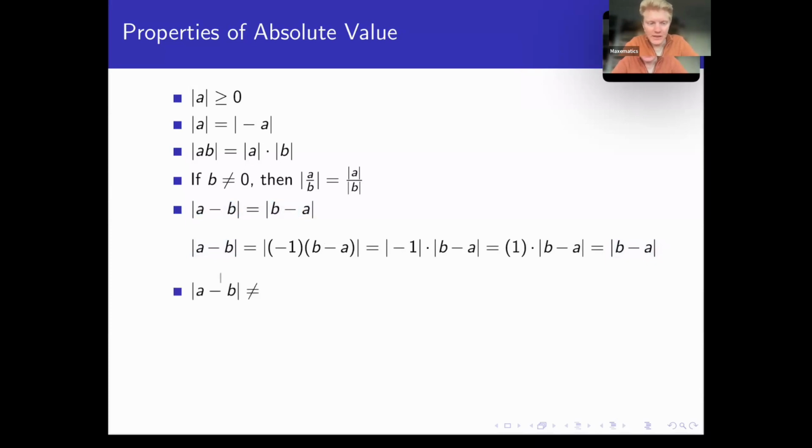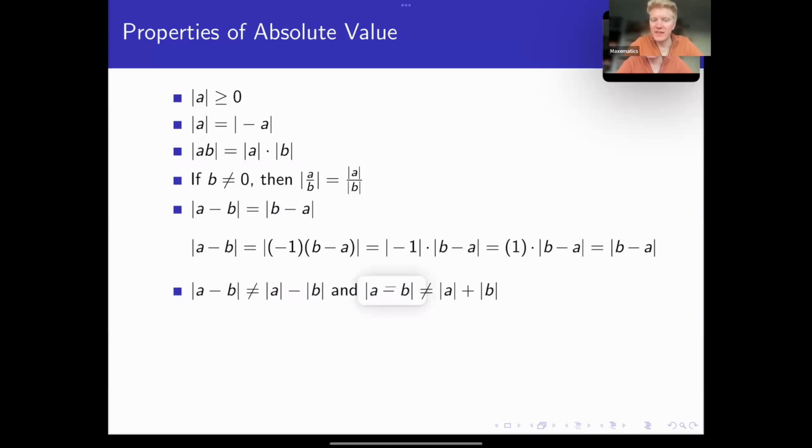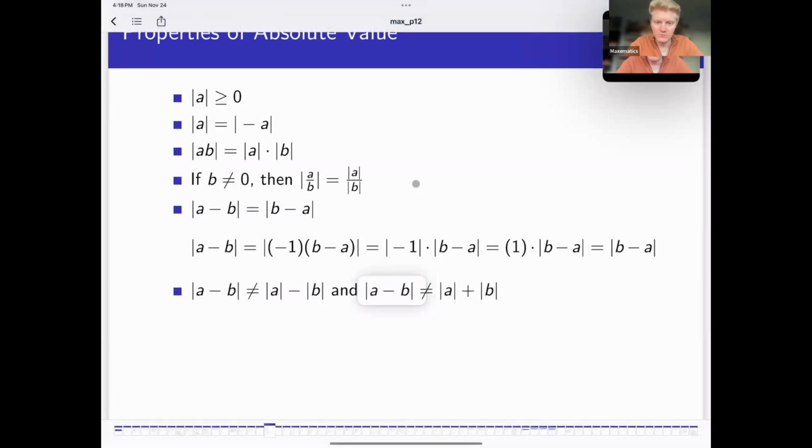Nice. So just to reiterate, we cannot split up subtraction. So absolute value of a minus b is not equal to the absolute value of a minus the absolute value of b. Can't do that. And we also can't say that the absolute value of a minus b is absolute value of a plus absolute value of b. We've been saying that, I don't know why that's highlighted.